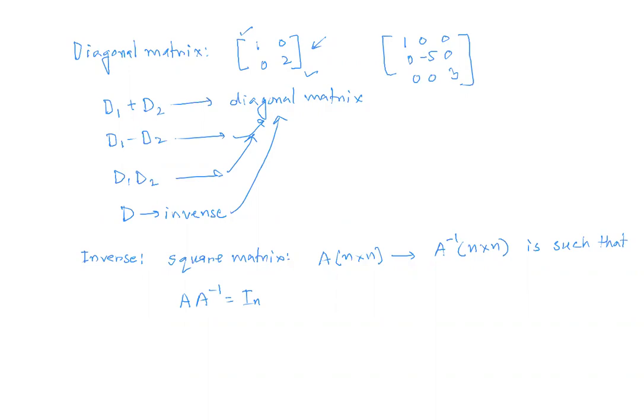When we write this, it means an n by n identity matrix. So the inverse of a square matrix is such that A times the inverse is I_n, and A inverse times A is also I_n, the identity matrix.